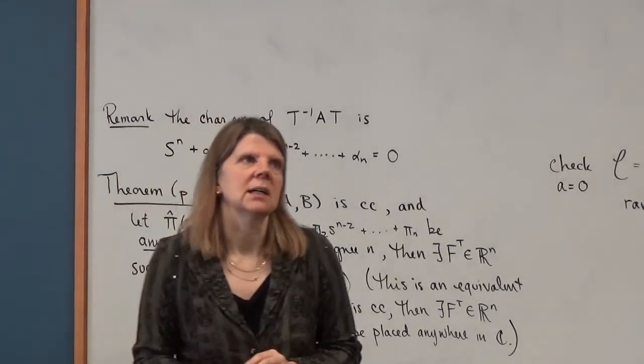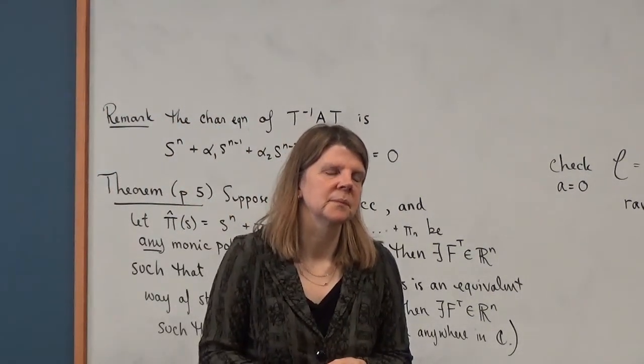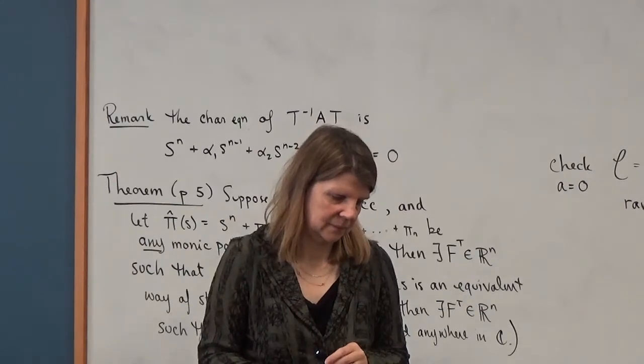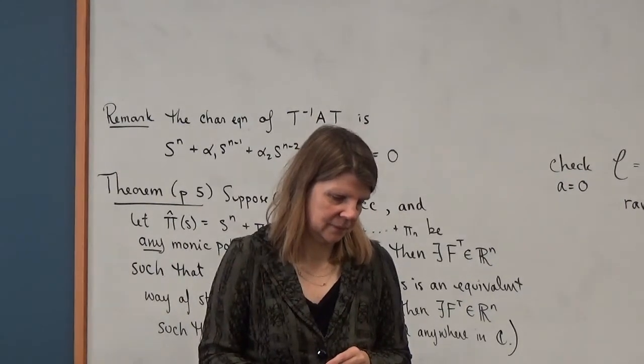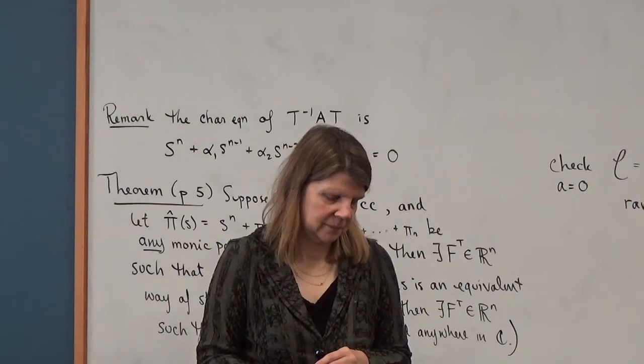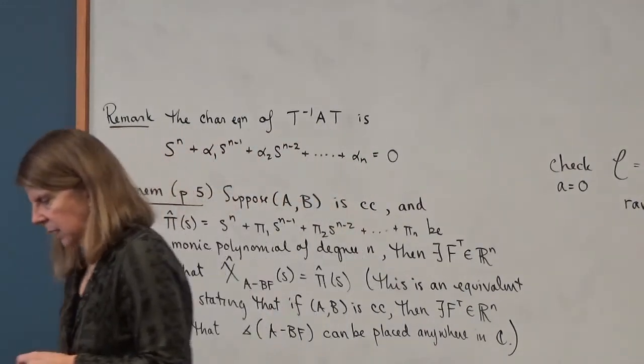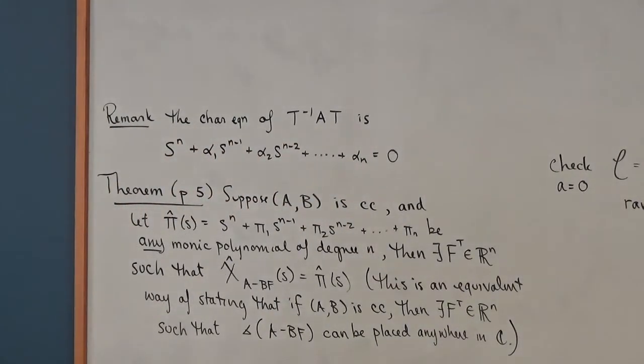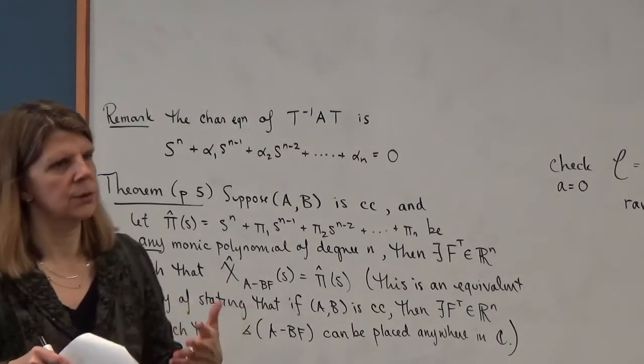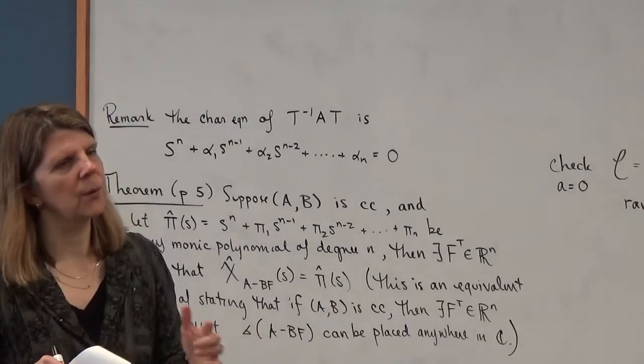Let me think about that. No, that's a good question. First of all, it doesn't matter if it's diagonalizable or in Jordan form, because if it isn't, you can always transform it. But your question is deeper than that.